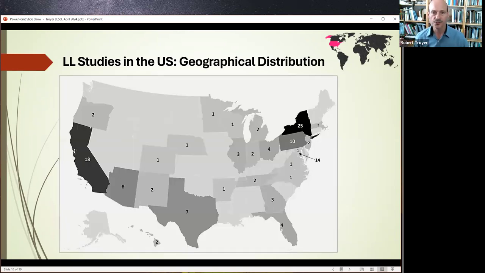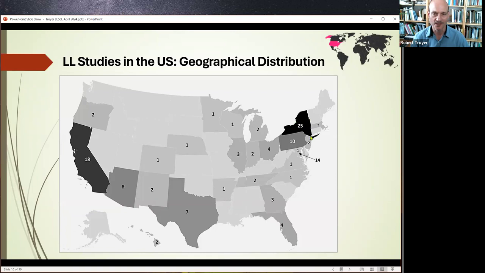So if we look at the geographical distribution of these studies, whenever data was collected in a specific location, I documented that, and then I just quantified it. So we can see that most of the linguistic landscape research in the United States has been in New York, and the way the graphing program renders it, it looks like it's all of New York, but really those 25 studies, I think almost all of them, except maybe one or two, are in New York City.